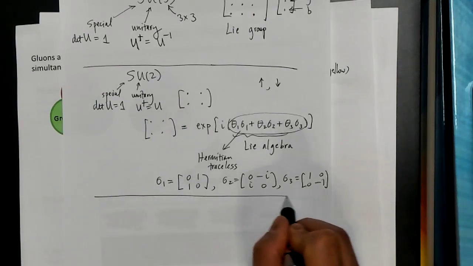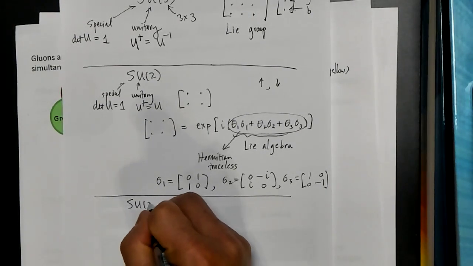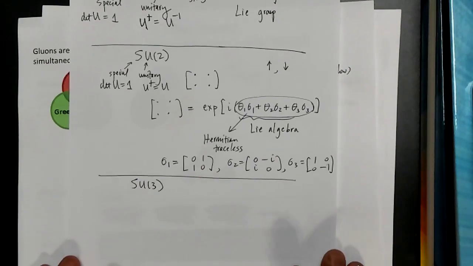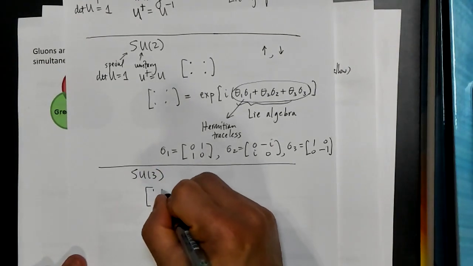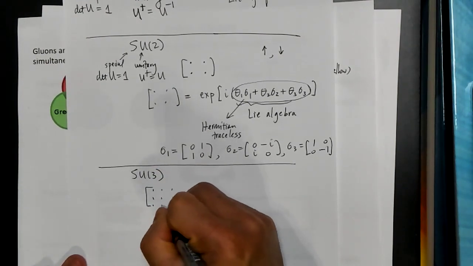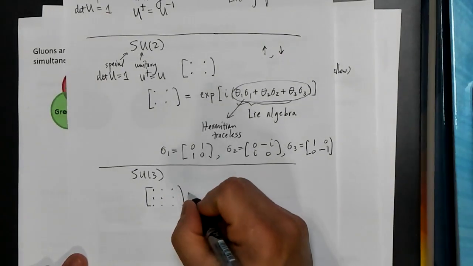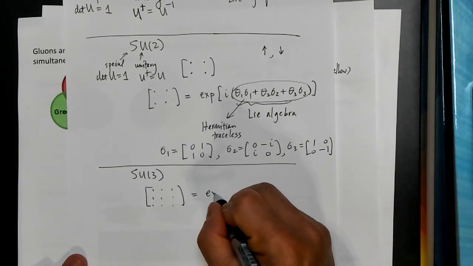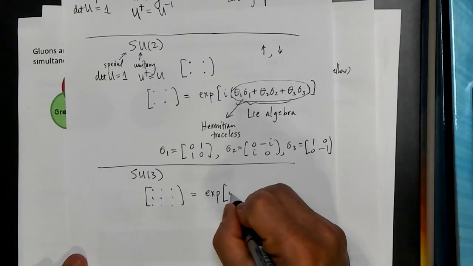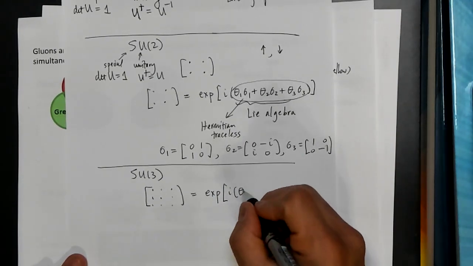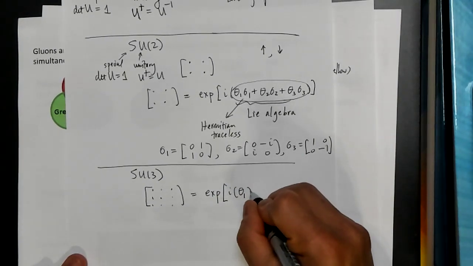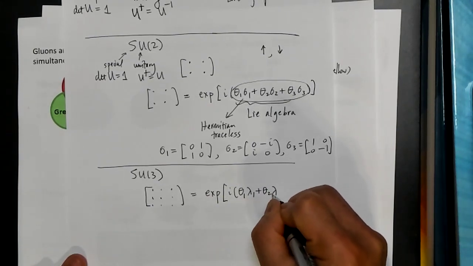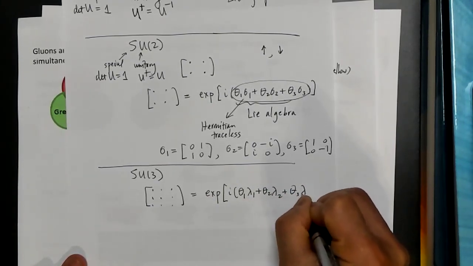So now let's go back to SU3 again. We can do the same thing. We can take these elements of the Lie group that are close to the identity, and we can expand these as an exponential of i times some linear combination of theta 1 lambda 1, theta 2 lambda 2, theta 3 lambda 3.